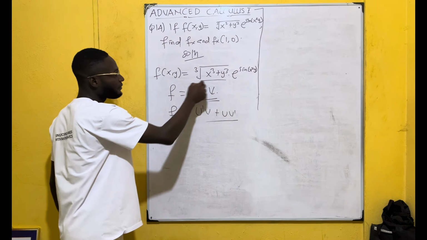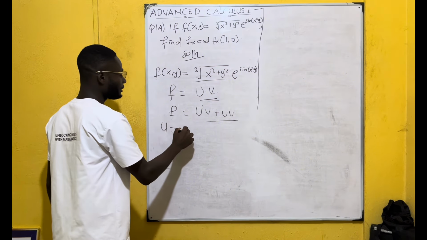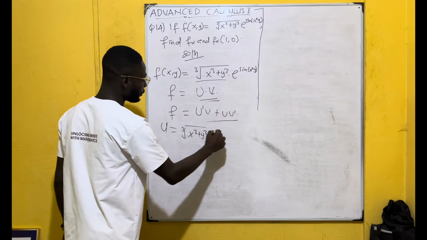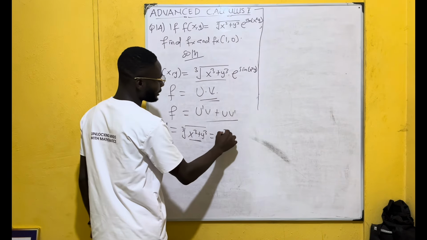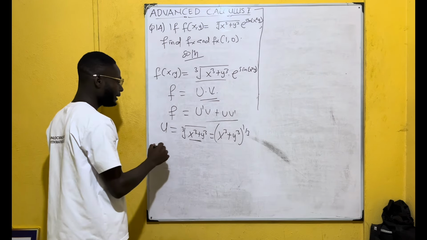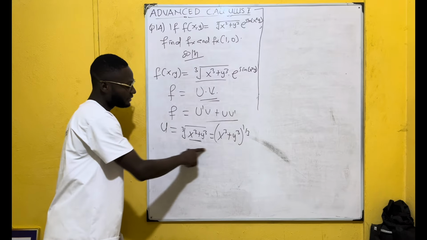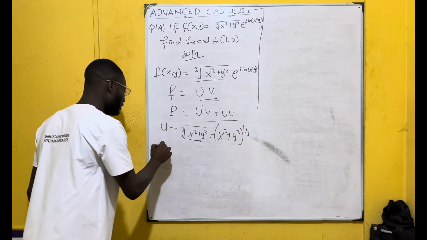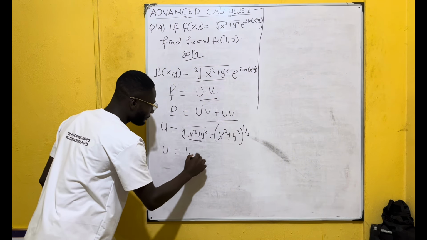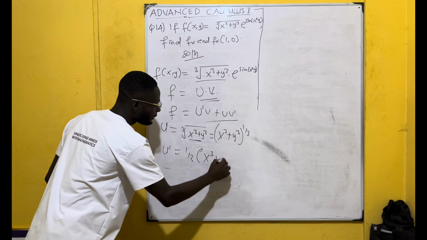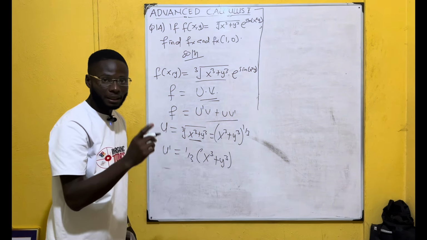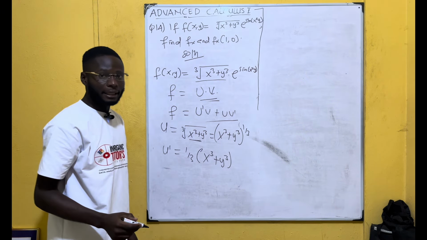So we let our first function represent u, which is the cube root of x cubed plus y cubed. This can be expressed as x cubed plus y cubed all to the power 1 over 3. And the first derivative of this expression with respect to x, so that is the u prime, will give us, we drop this power, then we write this again, then we reduce the power by 1.